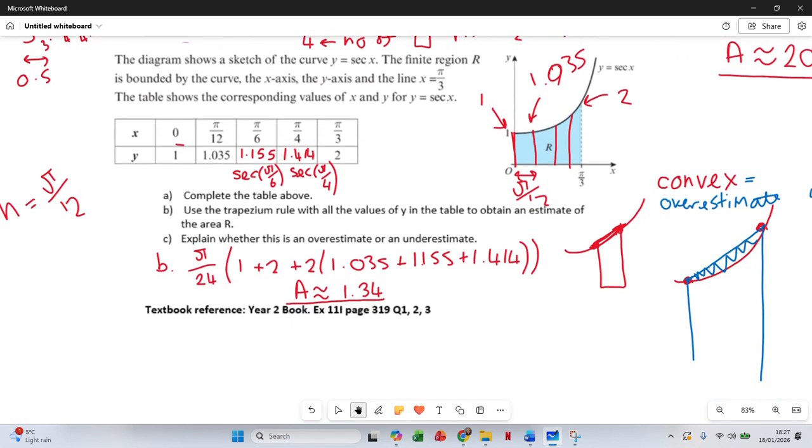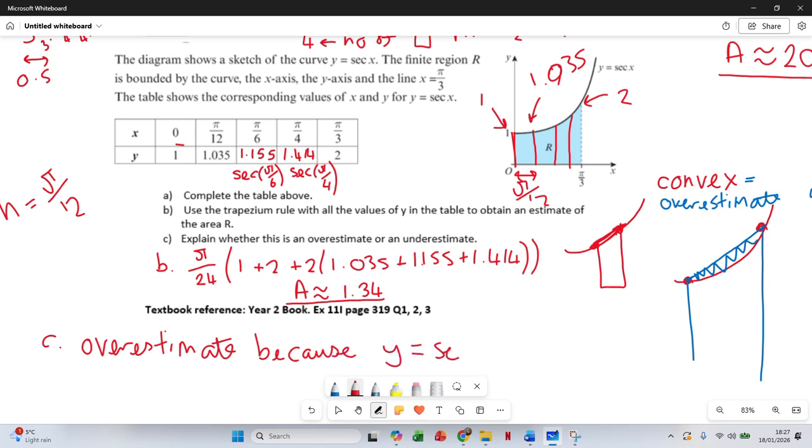So part C, and this is where I've got to try and write. So it will be an overestimate. So our solution, or our estimation, it will be an overestimate because y is equal to sec x is convex.